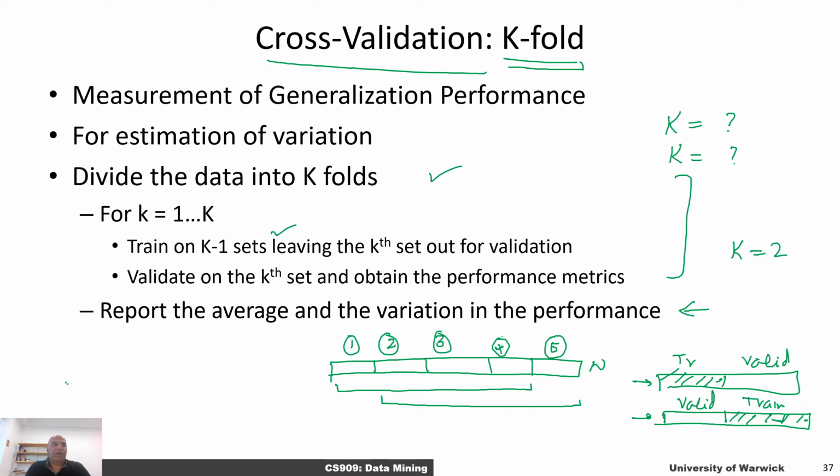Similarly, the highest value of k we can use is k equal to n. In that case, this is called leave one sample out cross validation, or leave one out cross validation. So in that, you train your data set on everything except for a single sample, and then you test your classifier on that sample and you get its prediction.